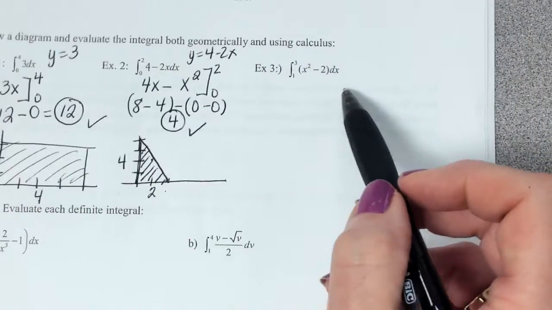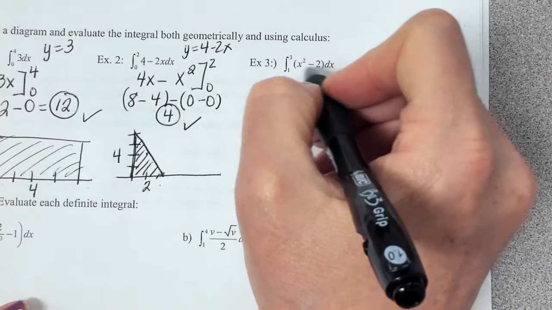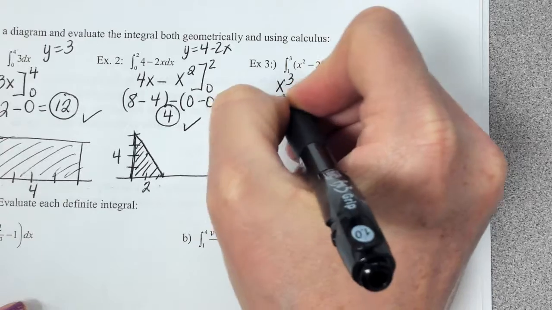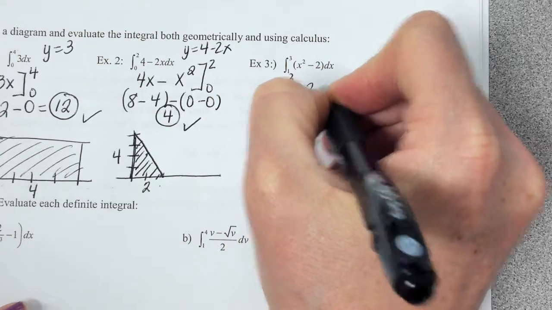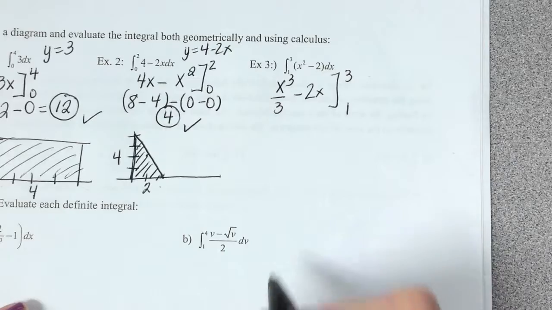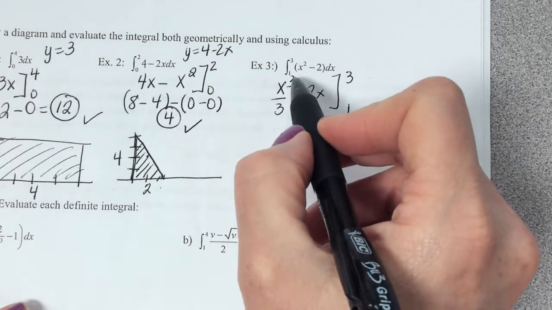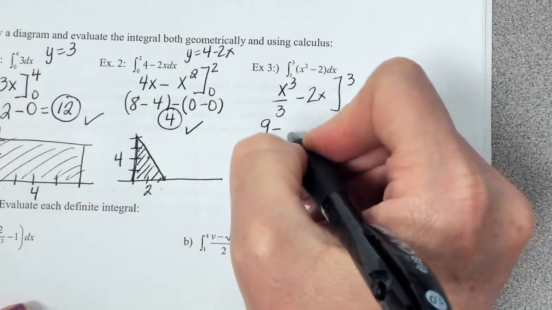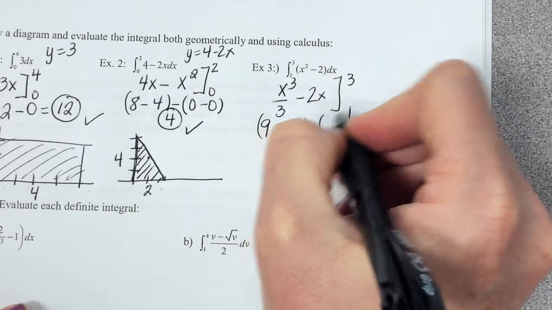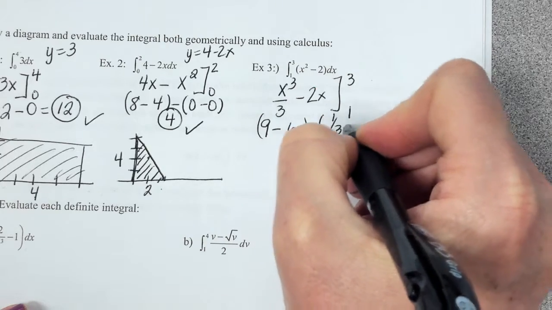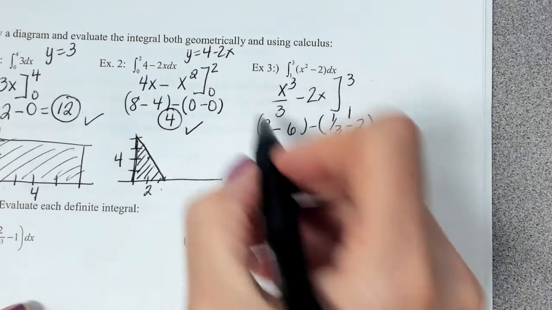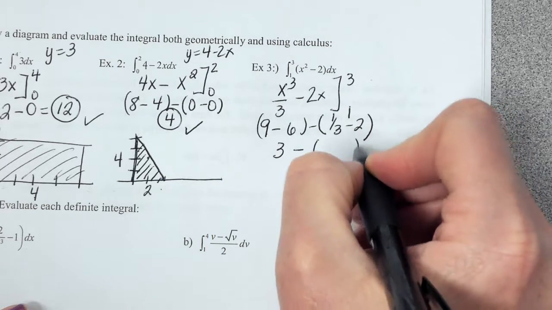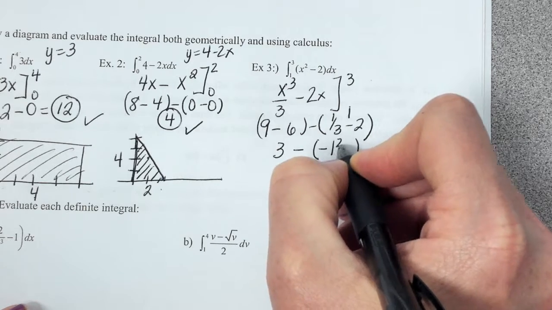All right, let's look at the last one here. So we have a parabola this time. So I'm going to add 1, divide, 2x from 3 to 1. So I'm going to plug in 3. 3 cubed is 27, divided by 3 is 9. 2 times 3 is 6, minus, plug in 1, 1/3 minus 2. So now evaluating this, I'm going to have 3 minus 1/3 minus 2 would be negative 1 2/3.